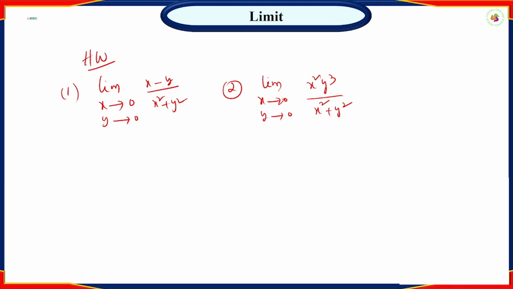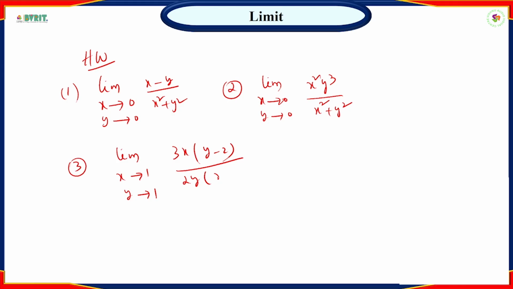Okay, next one you can do. Third one: limit x tends to 1, y tends to 1, of 3x of y minus 2 by 2y of x minus 2.